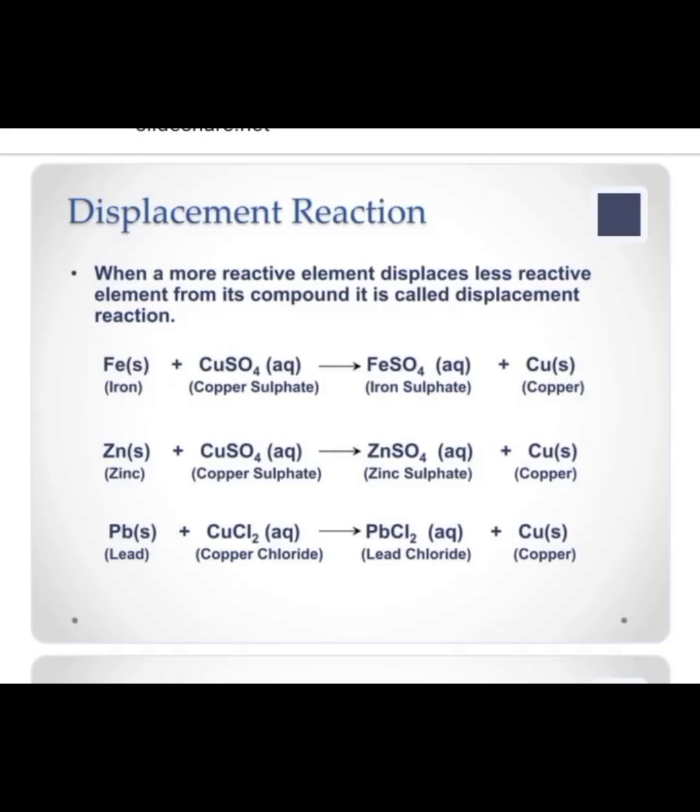The topic of discussion in today's video is displacement reaction. Let us discuss the displacement reaction. Simply, the word indicates that there is the replacement of an element or a metal by the more reactive or the more efficient metal as per the reactivity series.